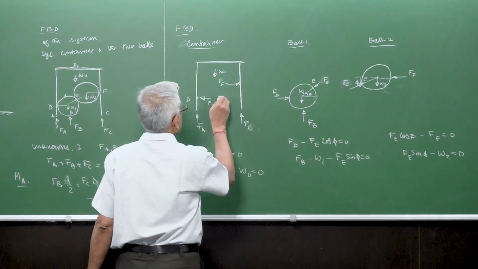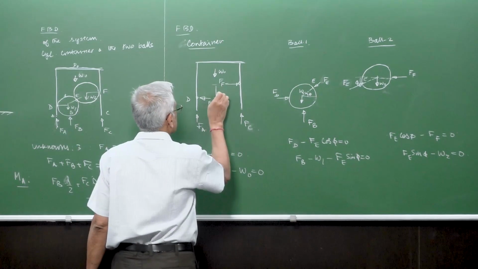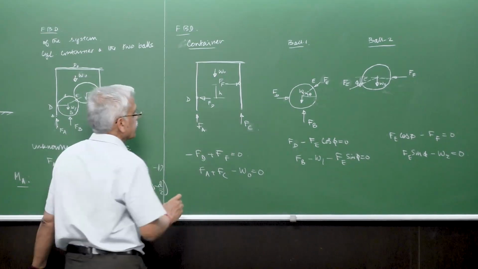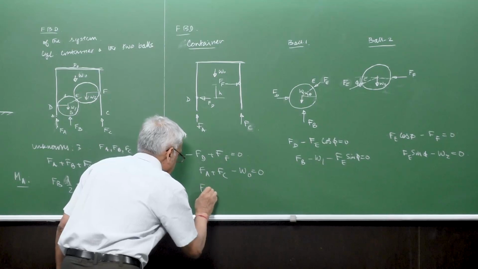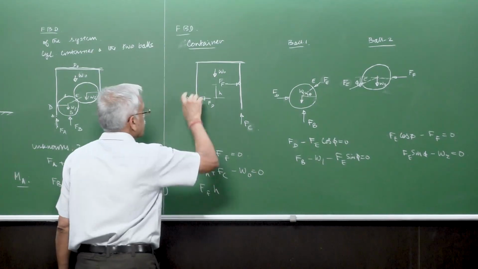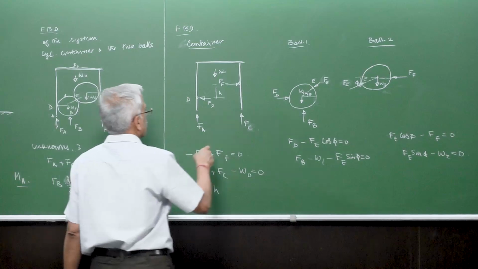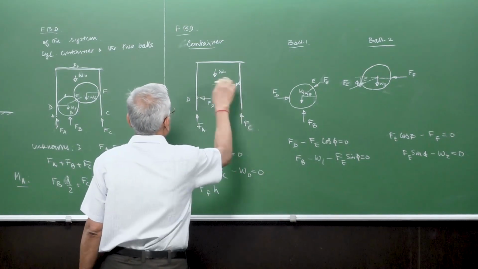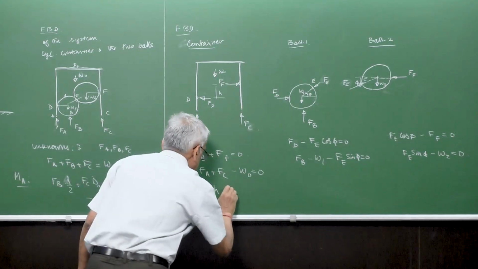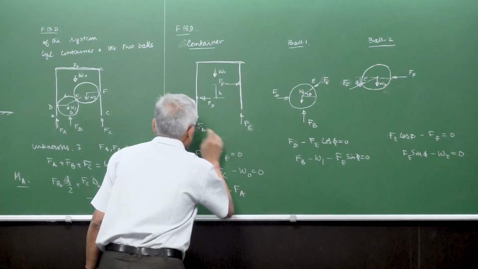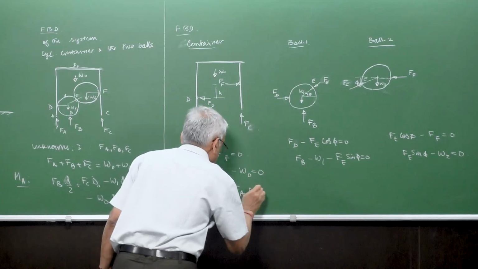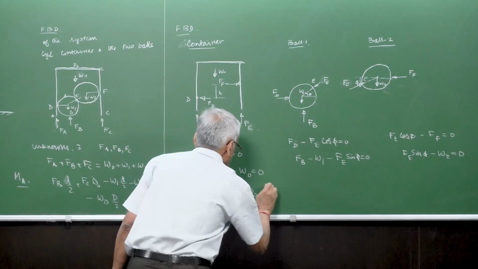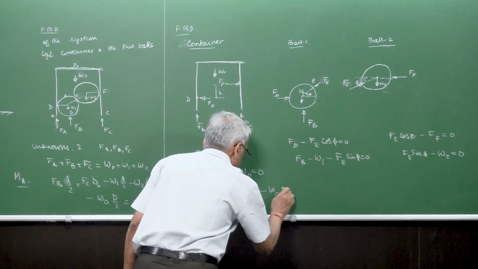You can use Fd is equal to Ff or leave it as it is. Let us say this distance is some h. So it is Ff into h. We will take moments about this point C, so we can even write Fa into this distance d naught, minus W naught.